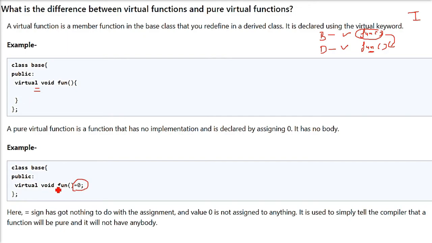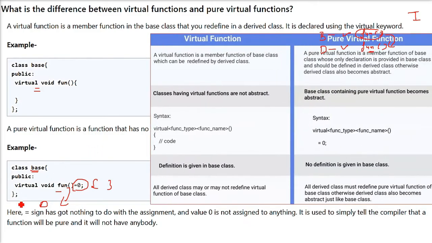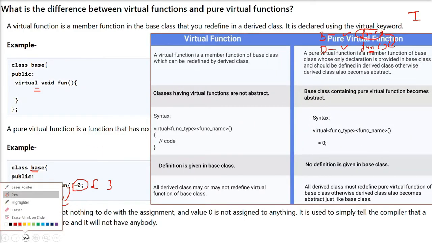This equal to has nothing to do with assignment. The 0 is just put here to tell the compiler that this function should be treated as a pure virtual function. So there will be no implementation in the base class. You have to implement it in the derived class.